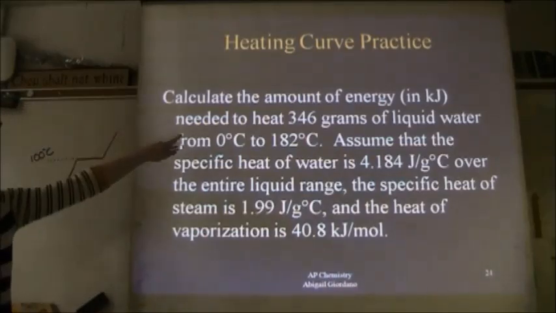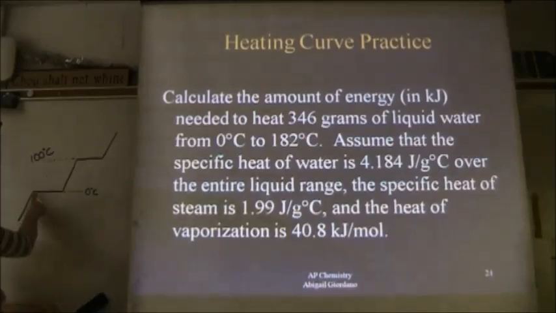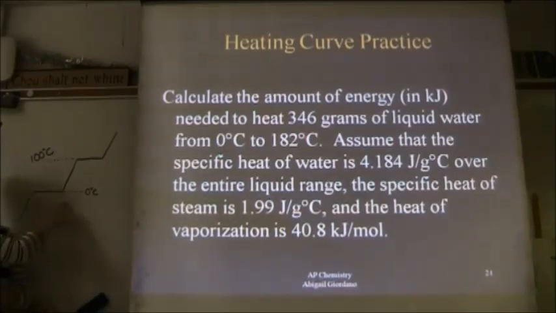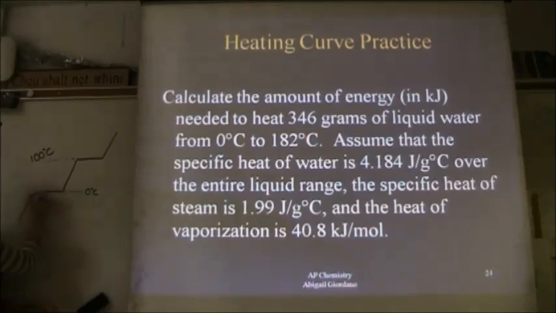It says that we are starting at 0 degrees, but this whole line is 0 degrees. How do I know where to put a dot for where I am beginning? Okay, it says it's liquid, so where do I put a dot? Left, middle, right? Right. Okay, very good.